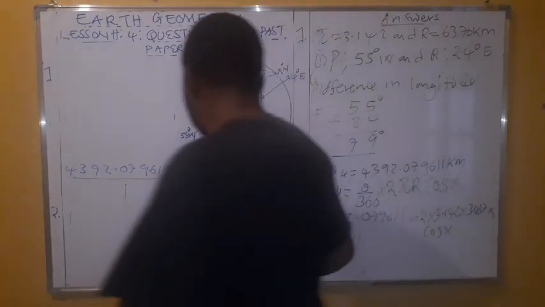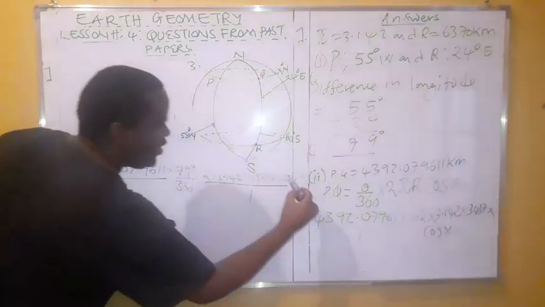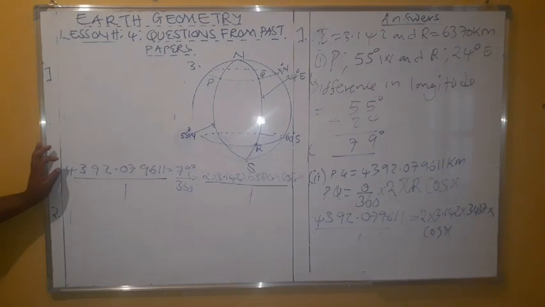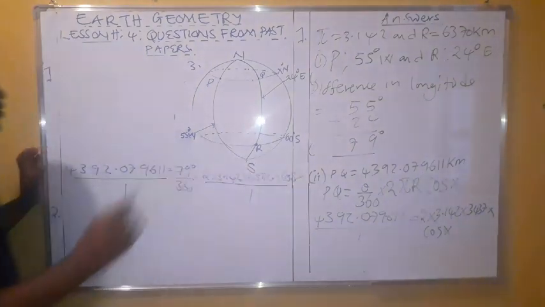Then again, you're going to multiply this here times the 360. So multiply this, we get the answer. So you multiply 79 by that.